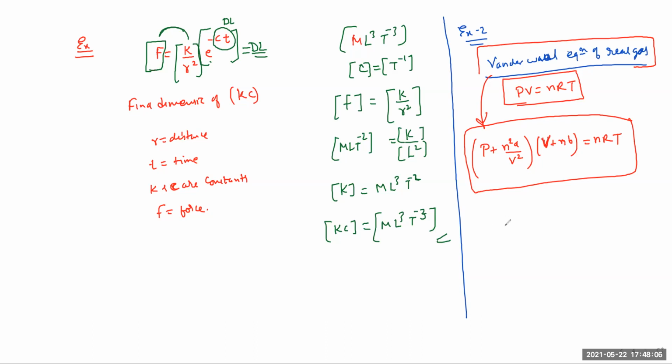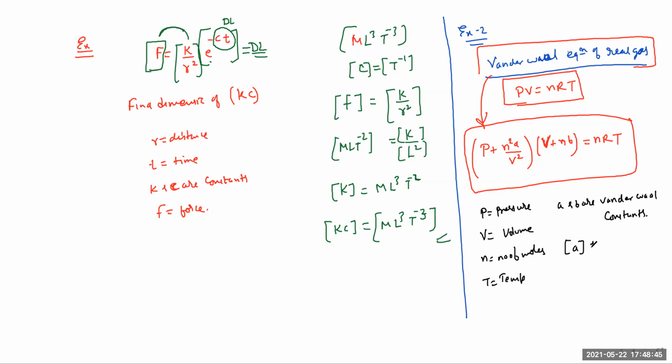V is volume, P is pressure, n is number of moles, T is temperature, and A and B are constants called the van der Waals constants. So can you tell me the dimension of A and separately the dimension of B?